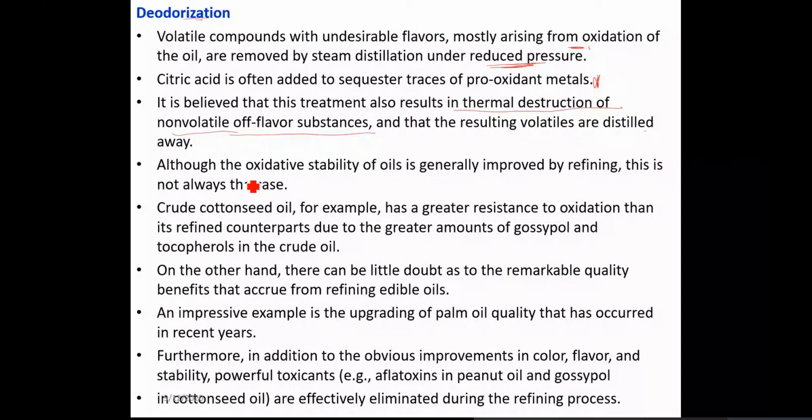They say, as I mentioned in the first slide itself, that this process improves oxidative stability, but this is not always the case. Very recently, one of my PhD students worked on different types of oil, whichever oils are available in the market, and the one which is cold pressed, just brought from the ghani without any processing.